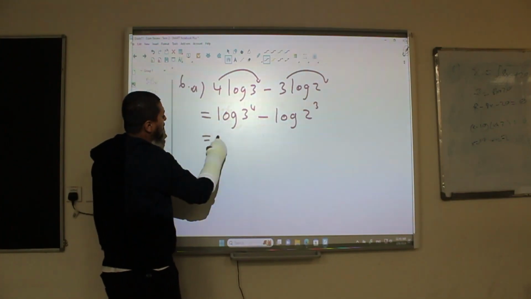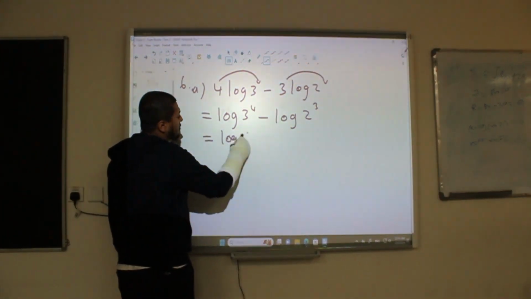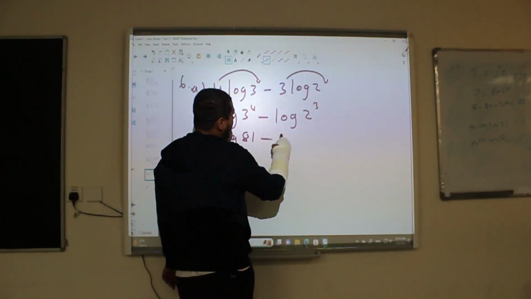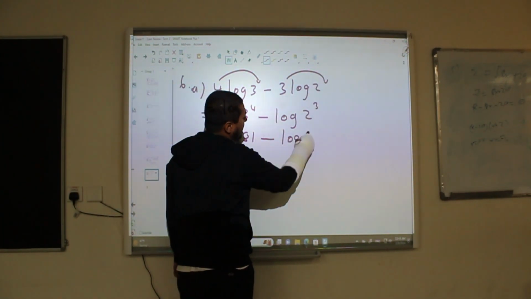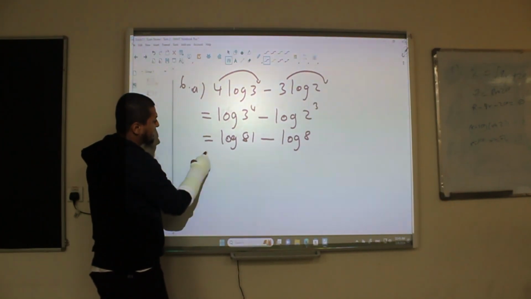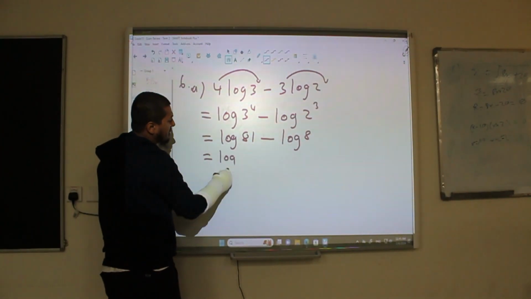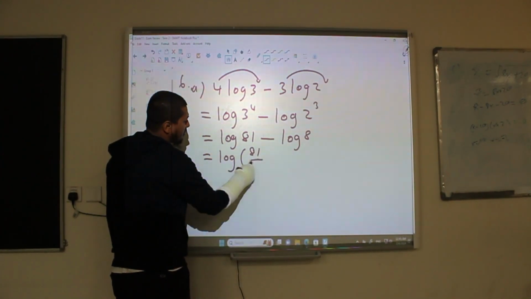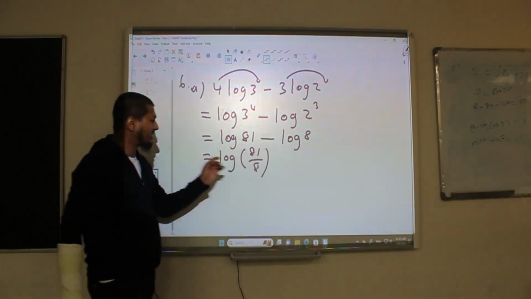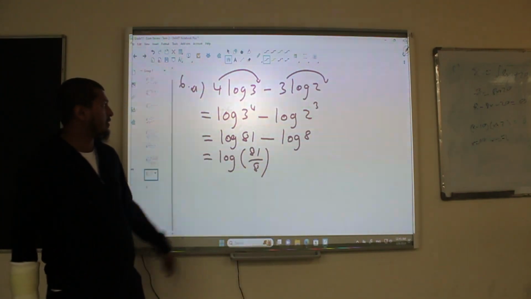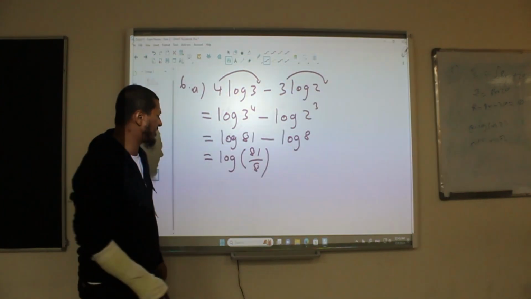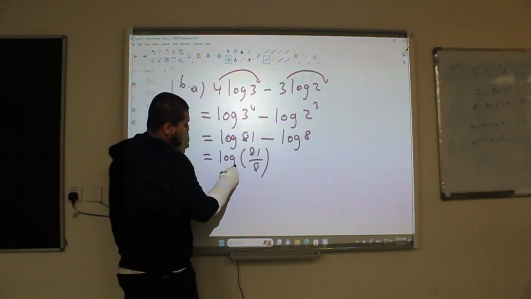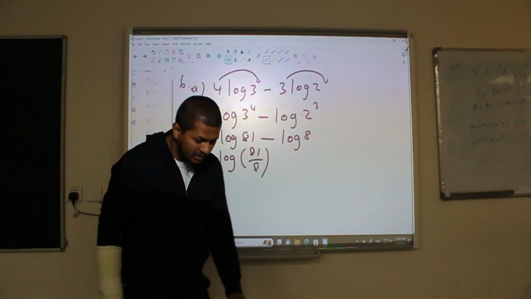We know 3 to the power 4 is 81, so log 81, minus 2 to the power 3 is 8, log 8. And now we just simplify this, that will become log 81 over 8. That basically is a single log. Remember, log on its own is to base 10, so it's still base 10.